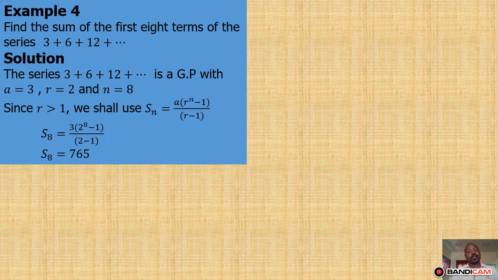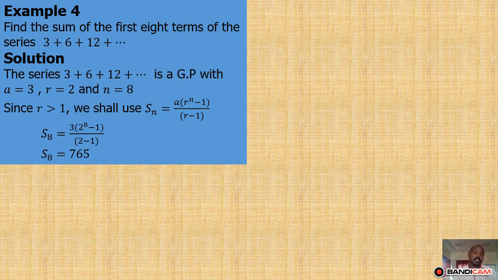Examples. Let us look at our first example. Find the sum of the first 8 terms of the series 3 plus 6 plus 12. If you look at that series, our first term is 3 and the common ratio is 2. And we want the sum of the first 8 terms.